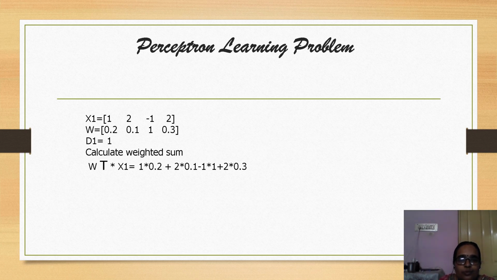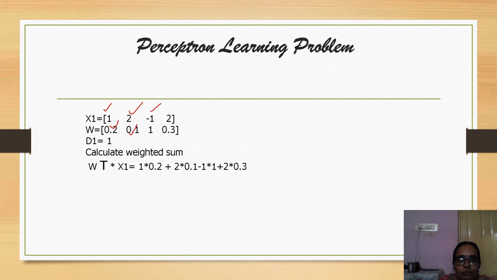So the first step is we have to calculate the weighted sum. How to calculate the weighted sum? The input value is multiplied with the weight value. So 1 into 0.2: the first input multiplied with 0.2, plus the second input multiplied with the second weight 0.1. Then the third value, minus 1, multiplied with 1.